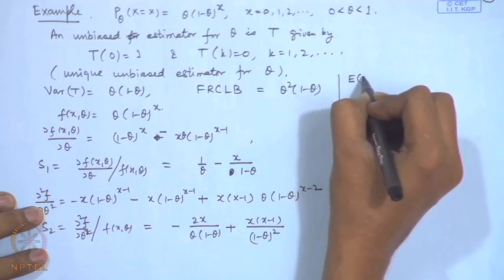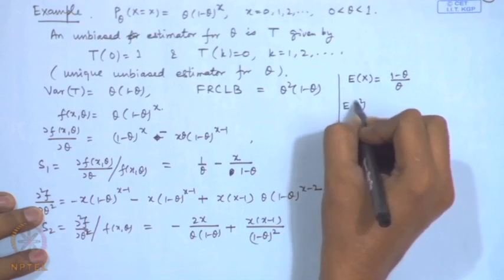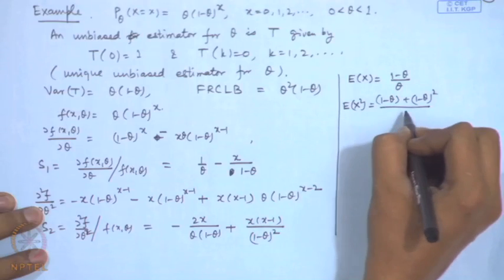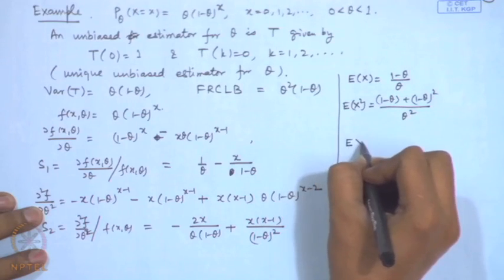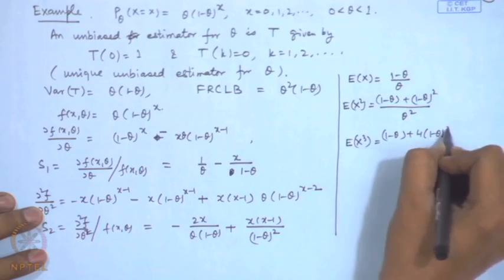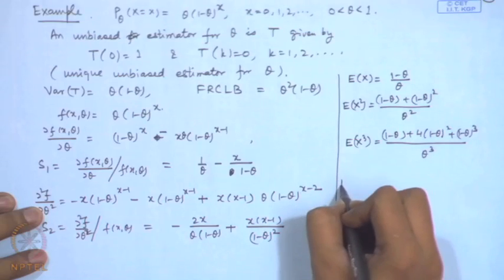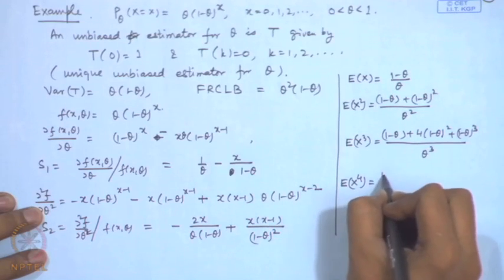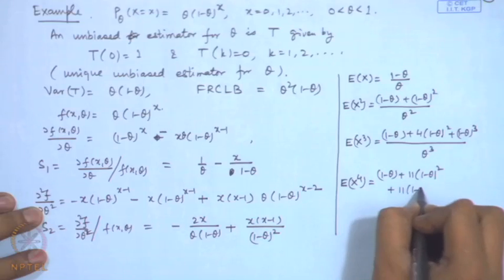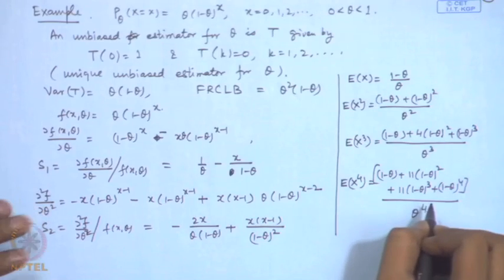For this geometric distribution, you will have expectation x is equal to 1 minus theta by theta, expectation of x square is equal to 1 minus theta plus 1 minus theta square divided by theta square, expectation of x cube is equal to 1 minus theta plus 4 into 1 minus theta square plus 1 minus theta cube divided by theta cube, expectation of x to the power 4 is equal to 1 minus theta plus 11 into 1 minus theta square plus 11 into 1 minus theta cube plus 1 minus theta to the power 4 divided by theta to the power 4.